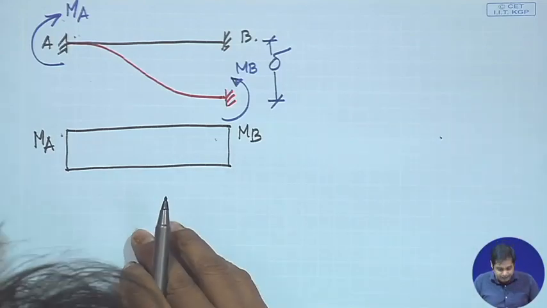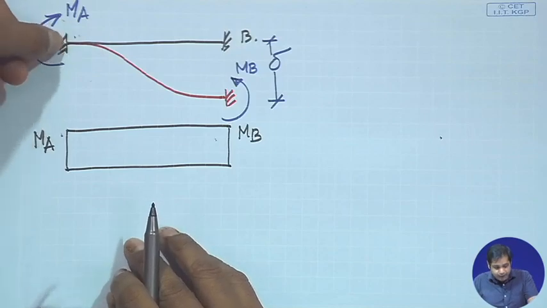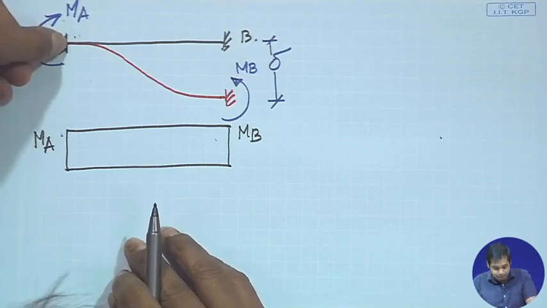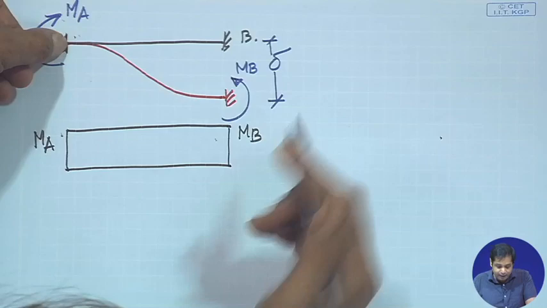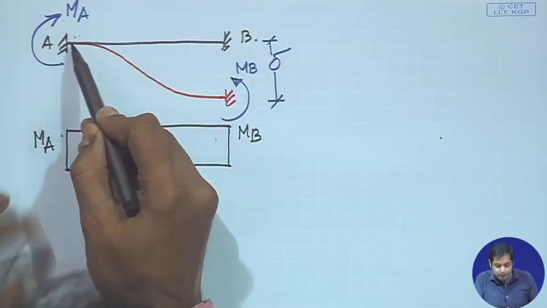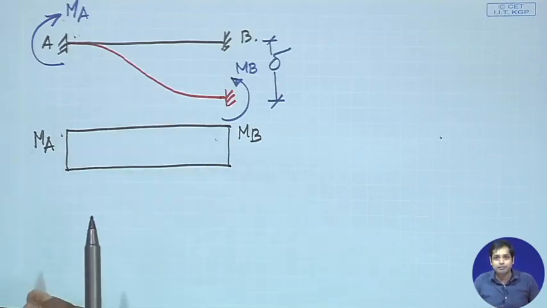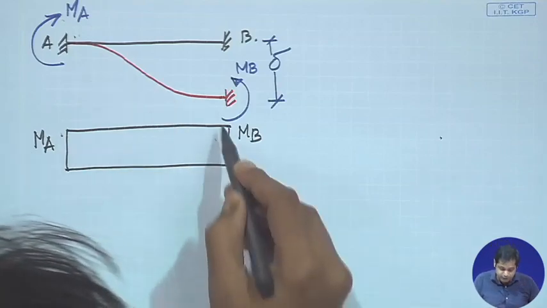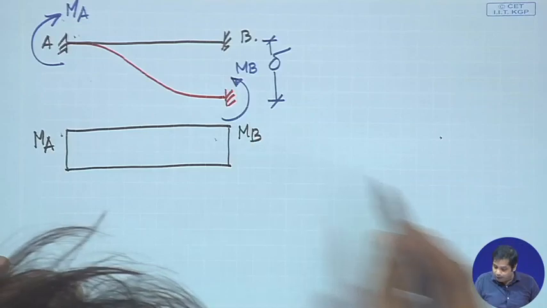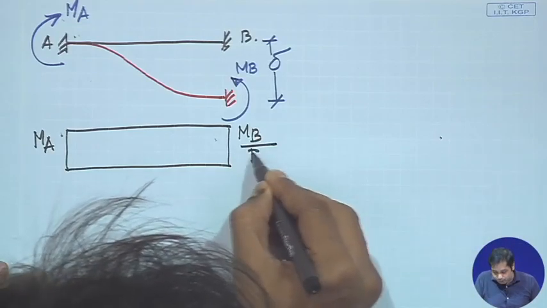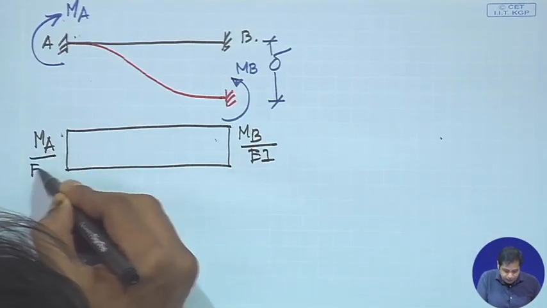What the moment area method says is that the relative rotation between the slope at A and the slope at B, the angle between those slopes, will be the area of the bending moment by EI diagram.